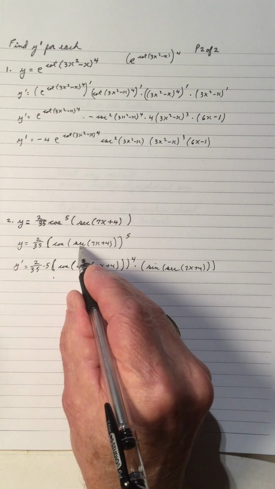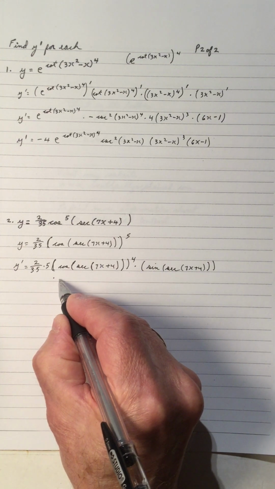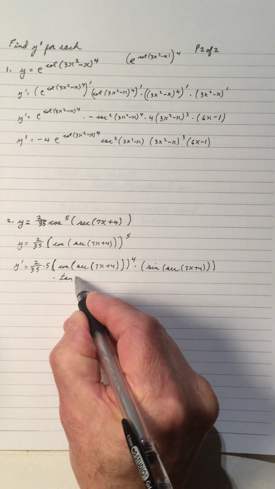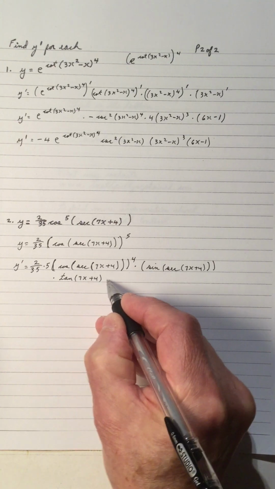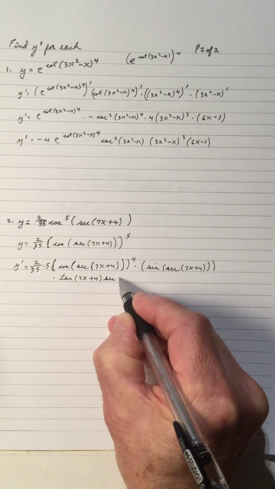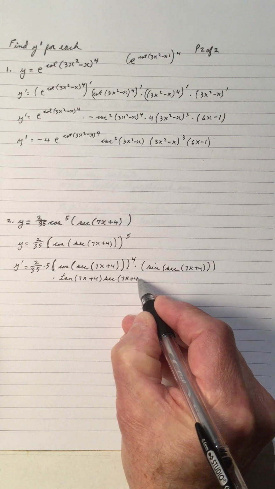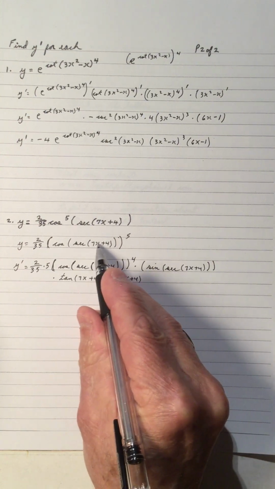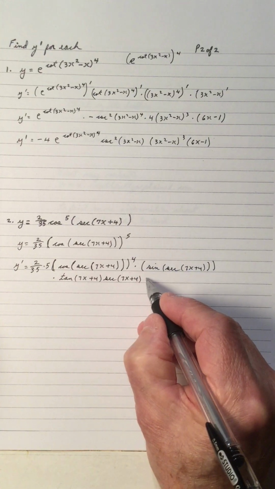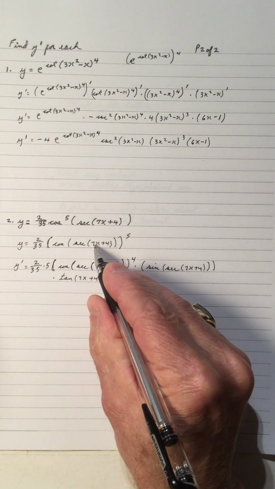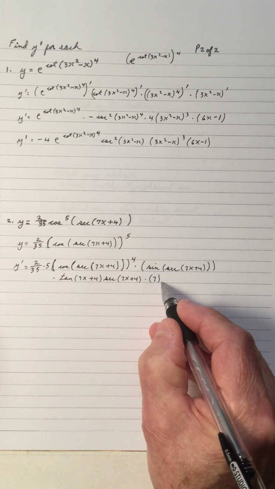So the derivative of secant of 7x plus 4 is tan of that angle times the secant of that angle. And now we have to do the derivative of 7x plus 4. The derivative of 7x is 7. The derivative of 4 is 0.